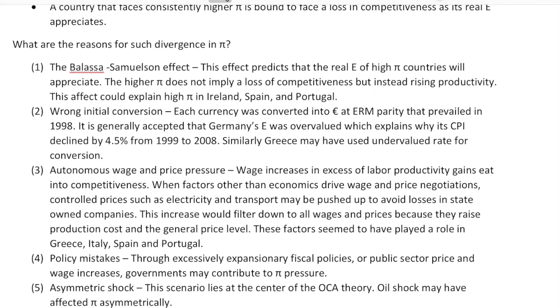A fourth reason that could have caused such a divergence in inflation is policy mistakes, right? So government may have indirectly played a role in increasing inflation rates in many countries by having excessive expansionary fiscal policies or public sector price and wage increases.